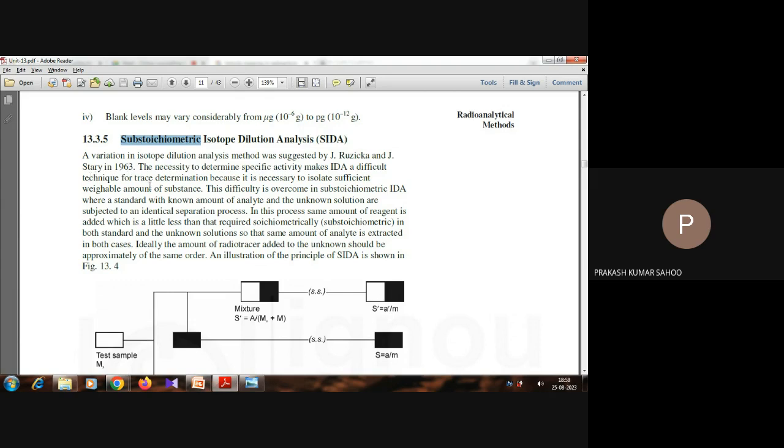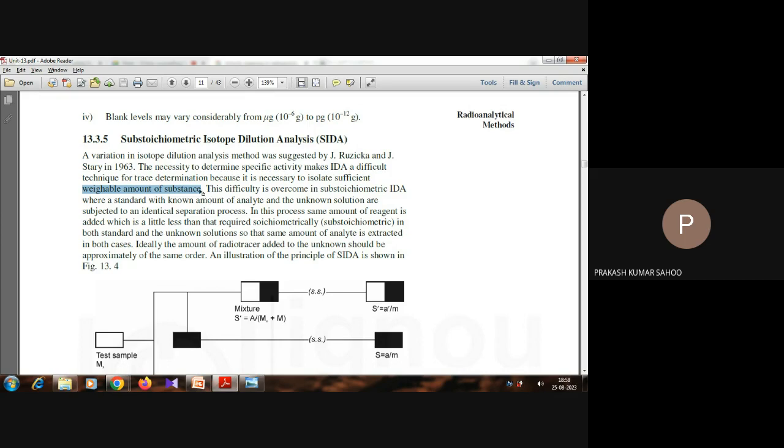The need to determine the specific activity makes IDA a difficult technique for trace determination, because it is necessary to isolate a sufficient weighable amount of substance. This difficulty is overcome by sub-stoichiometric IDA.